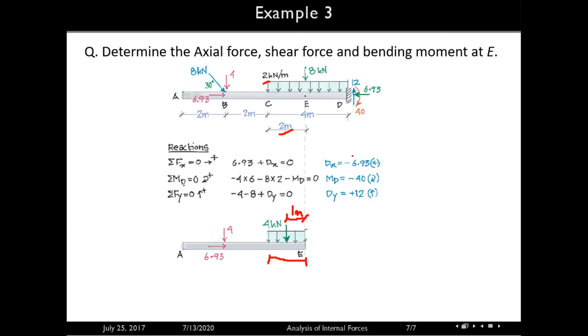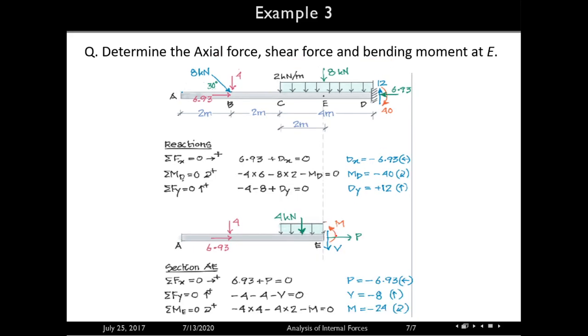Now we have to denote the conventional directions of axial force, shear force and bending moment: shear force V, axial force P and bending moment M. Now we have to calculate these three things, and in order to do so we apply the equations of equilibrium.